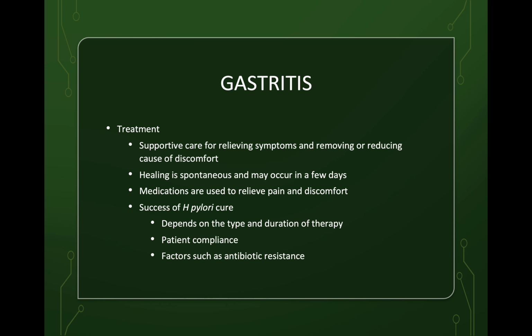Again, they don't reduce the amount of acid that's being produced in the stomach. They just neutralize whatever acid is there. Unfortunately, with some of these preparations, like Tums or Maalox or something like that, a patient might experience rebound acidity.